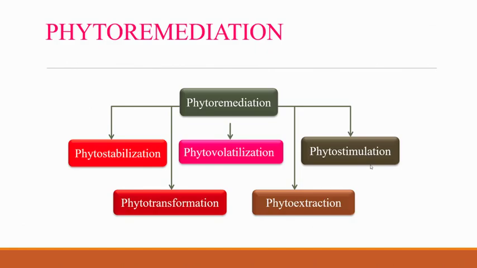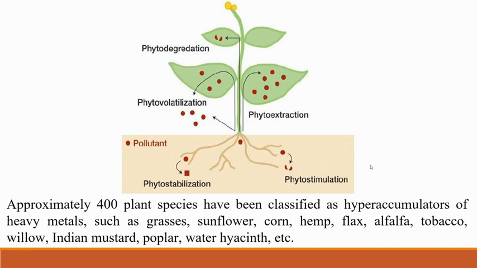Now let's look at phytoremediation. Phytoremediation, we have defined it as the use of plants, and there are 5 methods involved in phytoremediation, which include phytostabilization, phytotransformation, phytovolatilization, phytoextraction, and phytostimulation. There are 5 of them, and I want you to go ahead and look at each and every one of them. Okay, phytodegradation, where the plant helps to degrade pollutants.